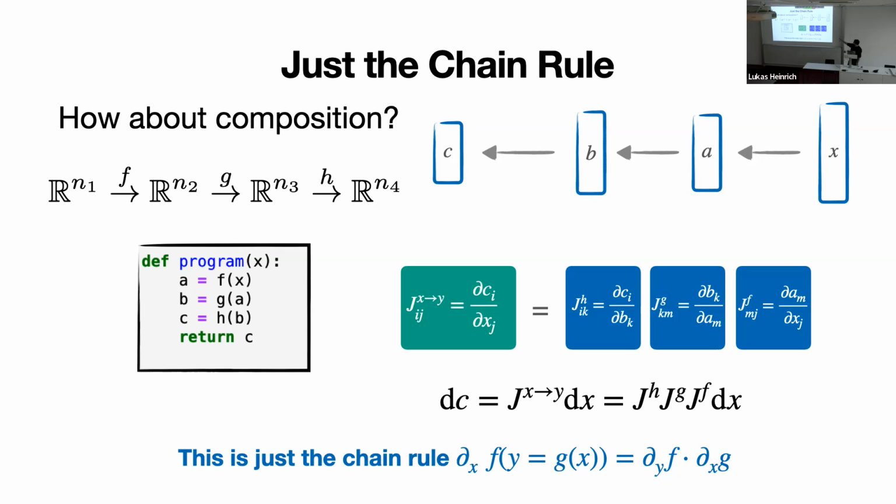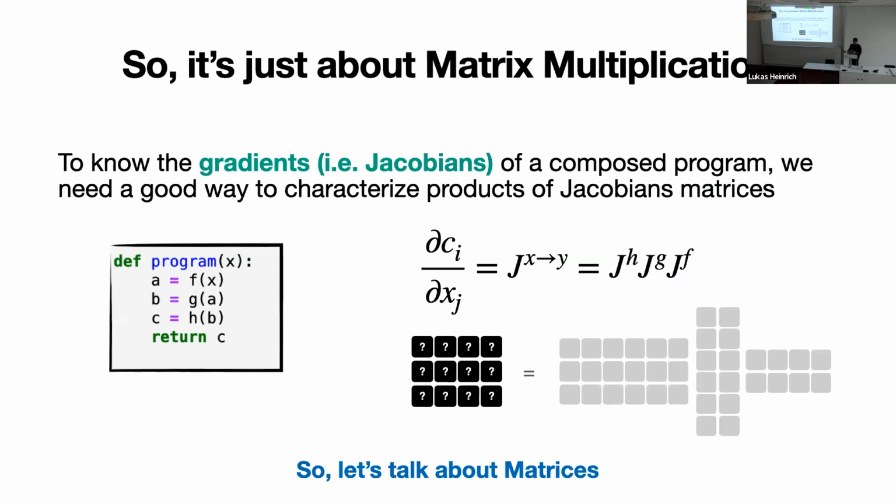So there's somehow a relationship between, okay, what are the details of F, G, and H in our simple program, and what are the derivatives, right? And we're trying to find out what this relationship is. So basically our task is, we want to know the gradients, the individual entries in the Jacobian matrix, so what are the partial derivatives.